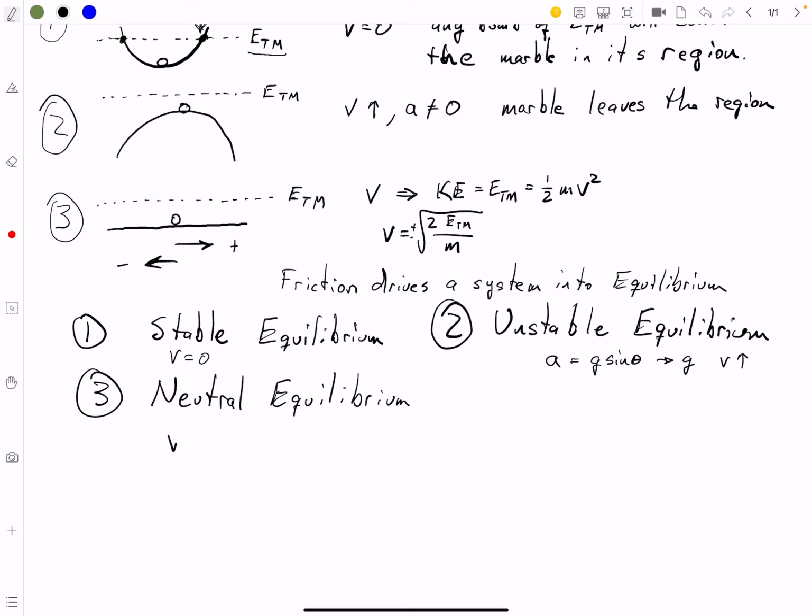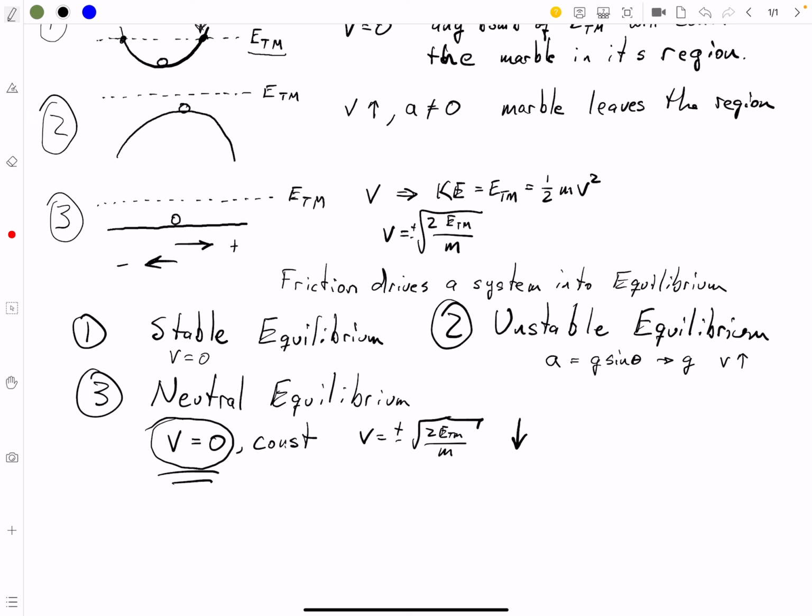We've got equilibrium, v equals 0 or a constant, and we have v equals a constant initially. v equals plus or minus the square root of 2E_TM over m. That's initially, but what does the friction do? It comes in and it wants to decrease that even. So we end up with friction, we're going to end up with v equals 0.